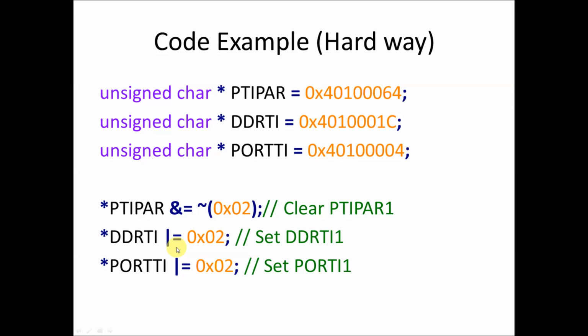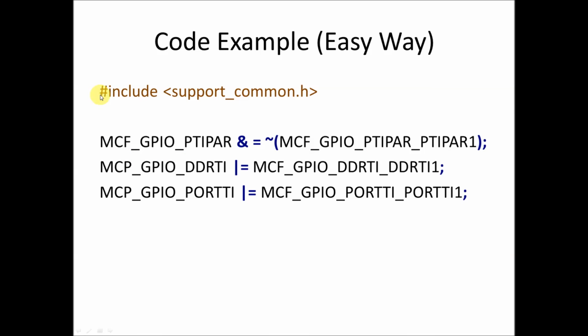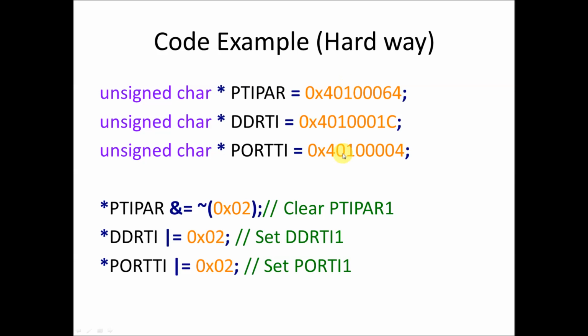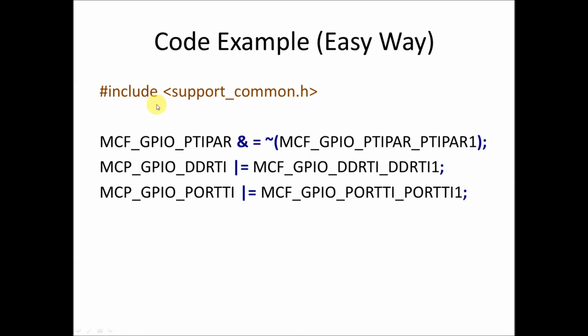Right? Now, here's the easy way. It's so awesome. Include support_common.h. Rather than having to go through and calculate all of these addresses, it does it for us. So all we have to do is reference the different registers, and it defines macros for us for dereferencing, so we can treat it like a variable. We don't have to do anything special.